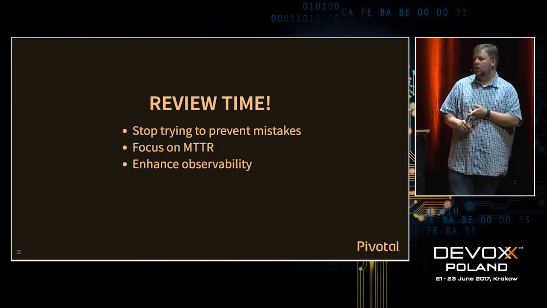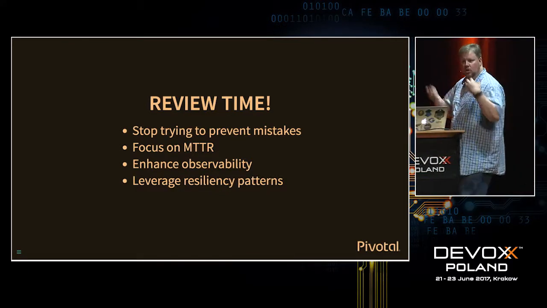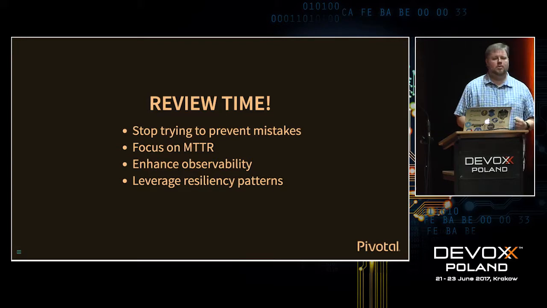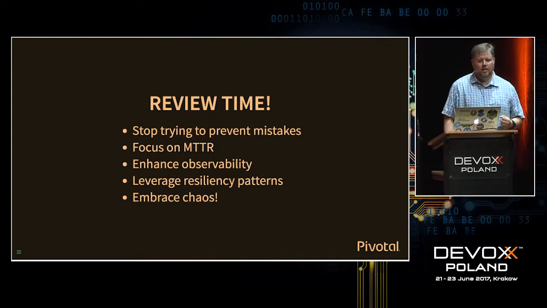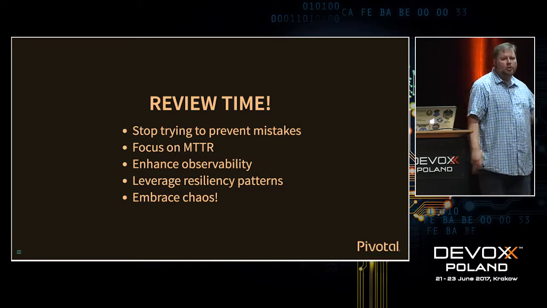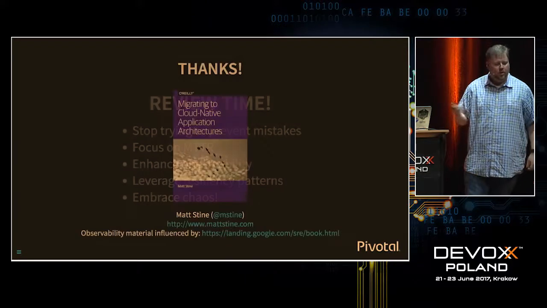And make sure that your architecture enhances your ability to see. Learn these resiliency patterns and leverage them where they make sense. And then embrace chaos. Start to practice failure continually so that you can actually make your software better.